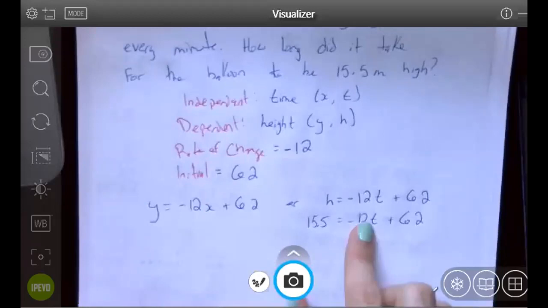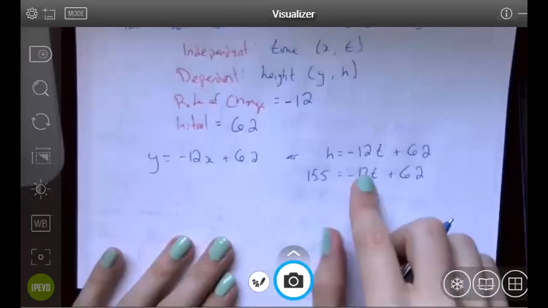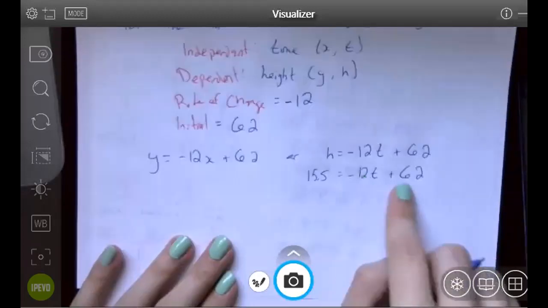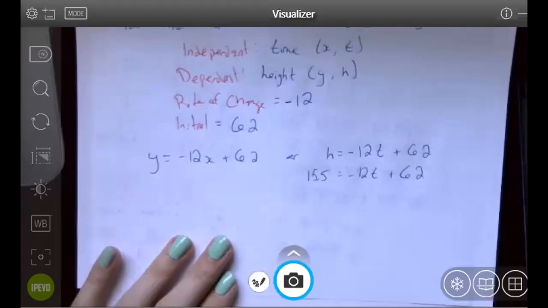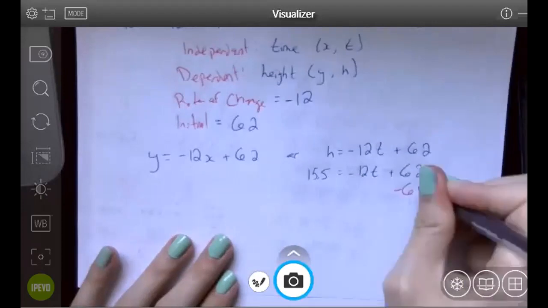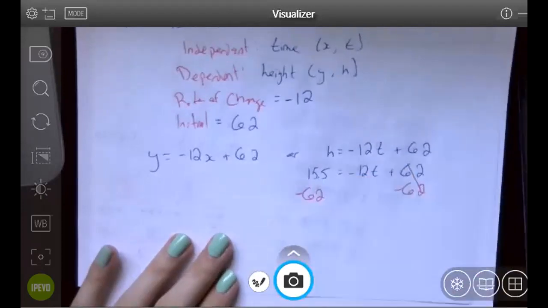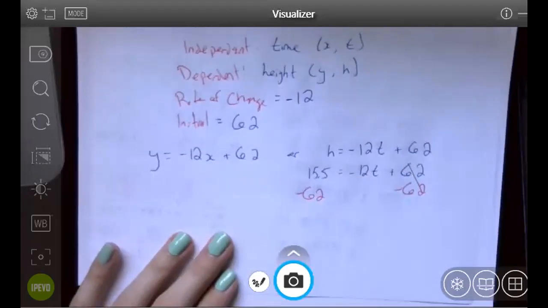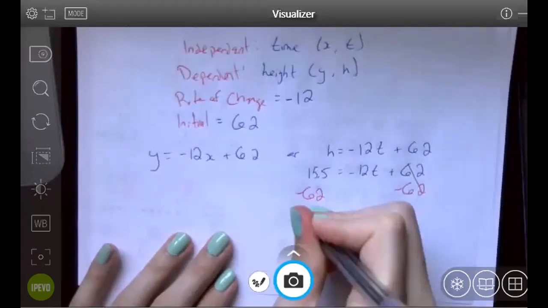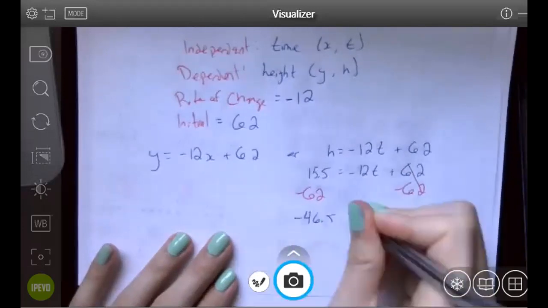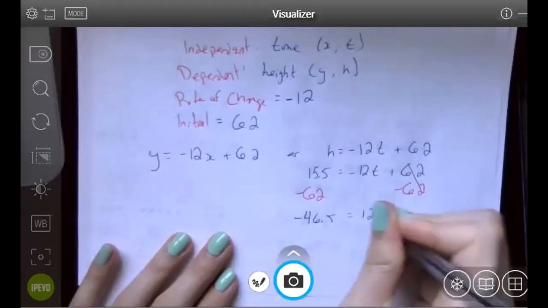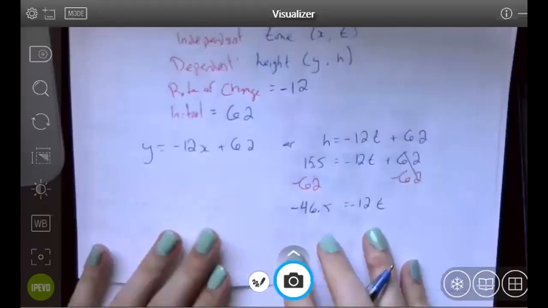And so, as we learned in the first unit, we start by moving whatever's furthest away from it. So we're going to move the 62 first because it is positive 62. We subtract 62. 15.5 minus 62 is negative 46.5. That is equal to the negative 12t on the other side.